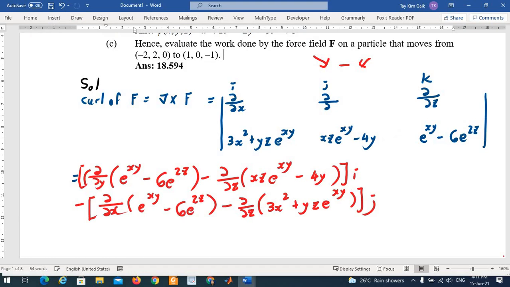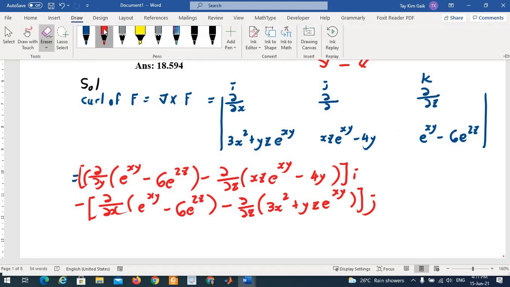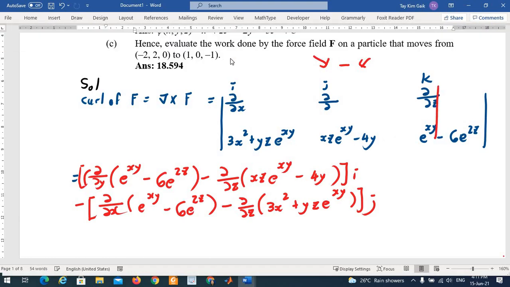Lastly, for component k, you cross it out, then i cross j is positive k, so it's plus.